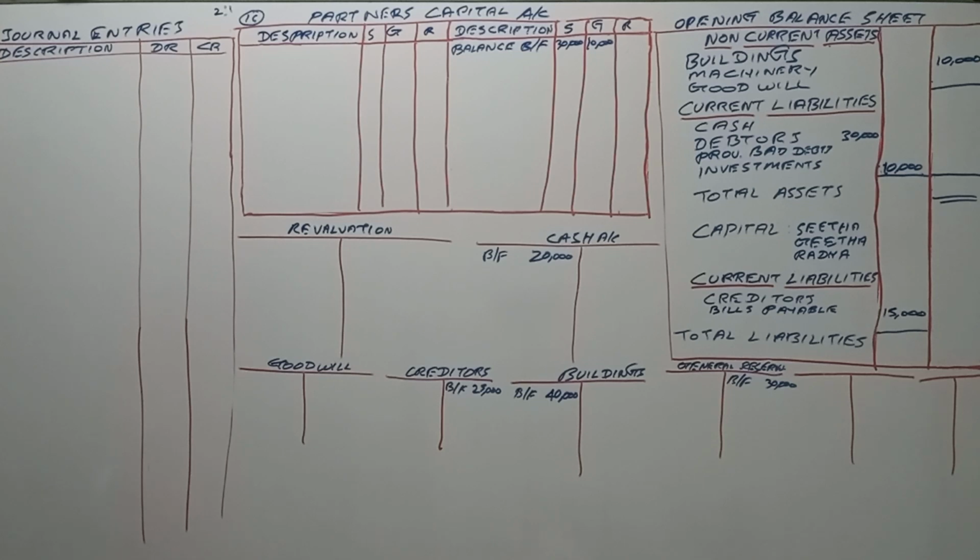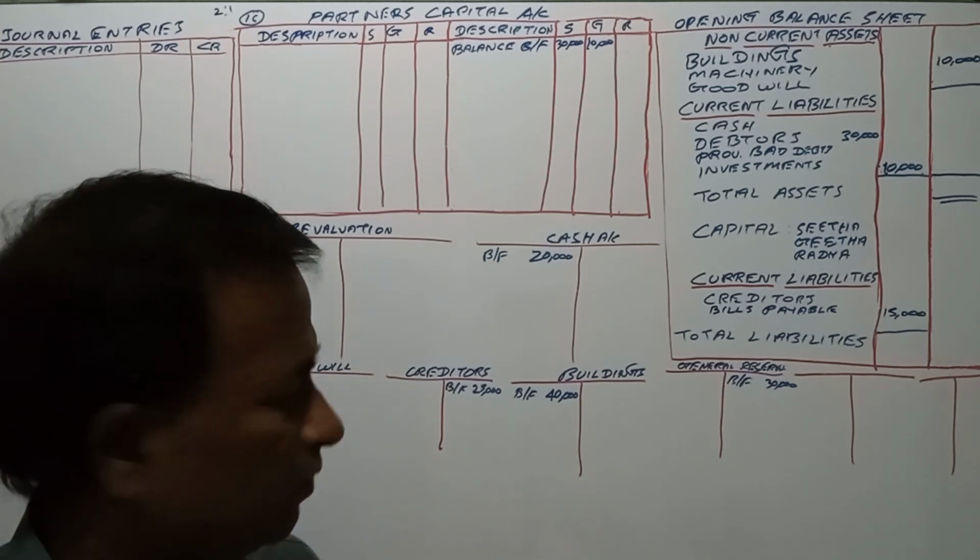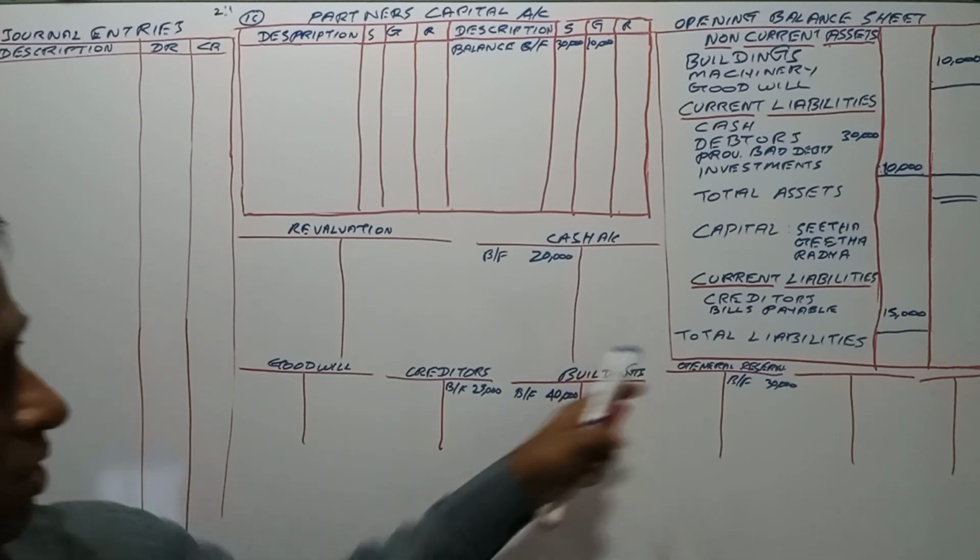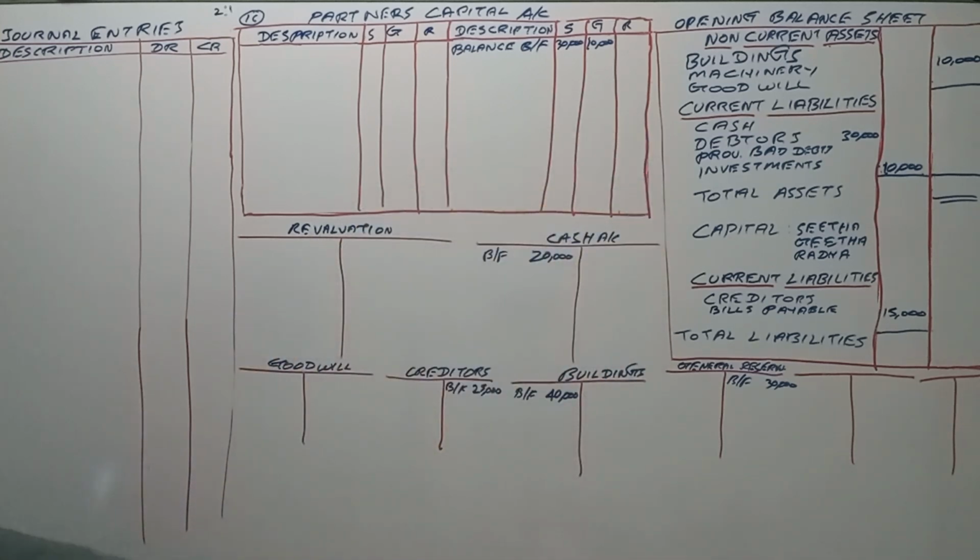Buildings 40,000, machinery 10,000, cash 20,000, debtors 30,000, investments 10,000, total assets 110,000. Sita's capital 30,000, Geeta's capital 10,000, and current liabilities: creditors 25,000, bills payable 15,000, general reserve 30,000, altogether 110,000. I have taken all the ledger balances here.